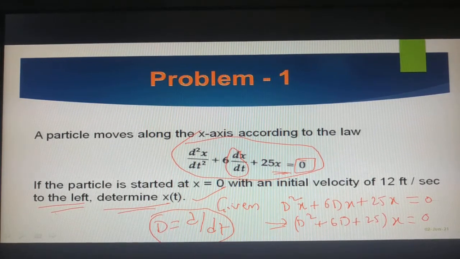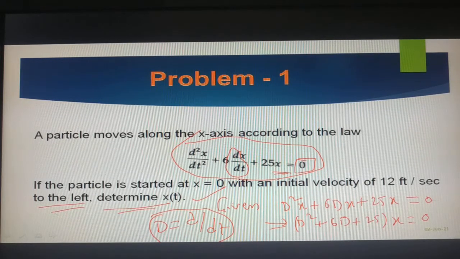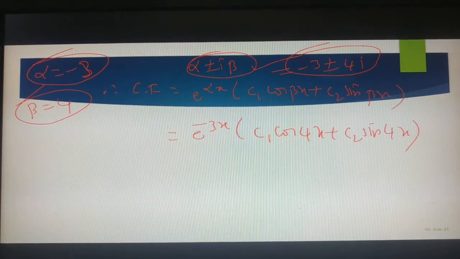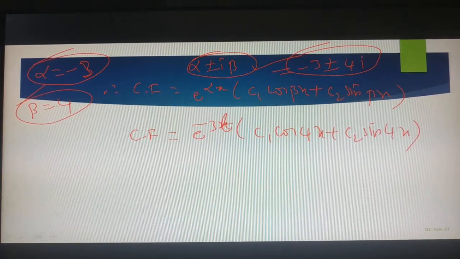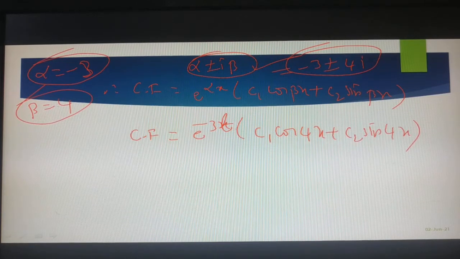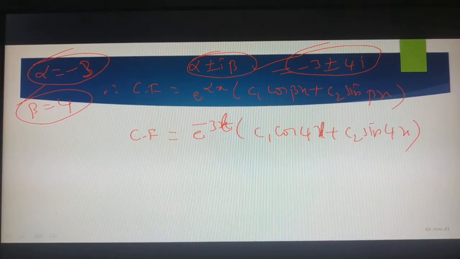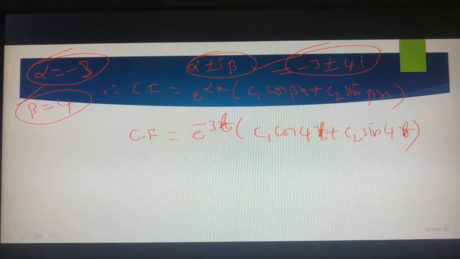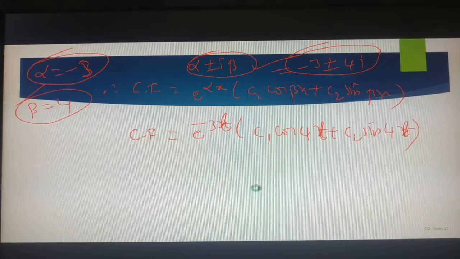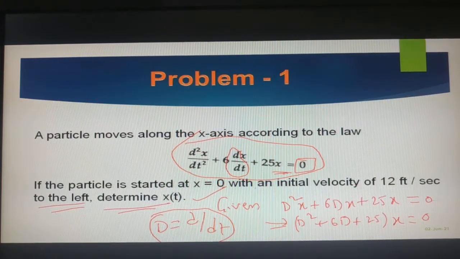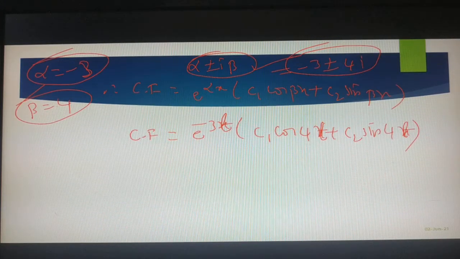In this place we substituted capital D for d by dt, so while writing your answer we should not write x. We are writing the complementary function solving for x in terms of t. So e power minus 3t into c1 cos 4t plus c2 sin 4t. So this is your complementary function. And of course in our problem there is no right hand side, we don't have anything. So whatever we get as the complementary function, that is your complete solution.